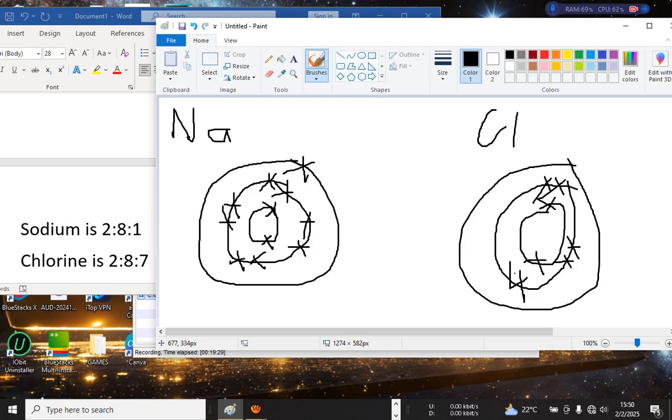Those are 6, 7, and 8. Now for its third shell, it has 7 electrons. Valence electrons 7.